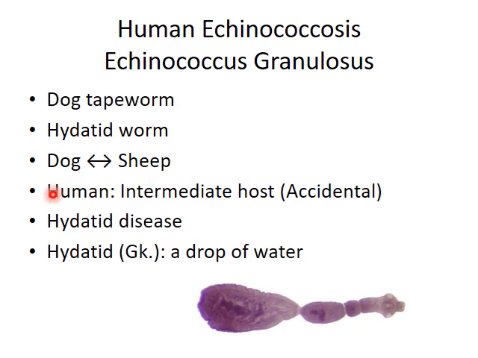Human beings only act as an accidental intermediate host. As I earlier mentioned, Echinococcus granulosus causes hydatid disease. The word hydatid means a drop of water, that is something that has been filled with some fluid, and this is called a cyst.